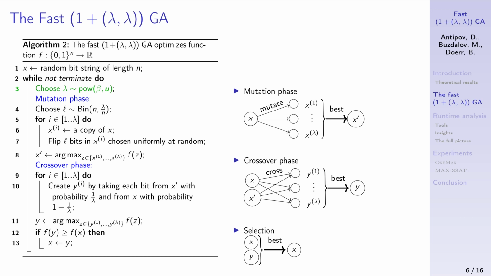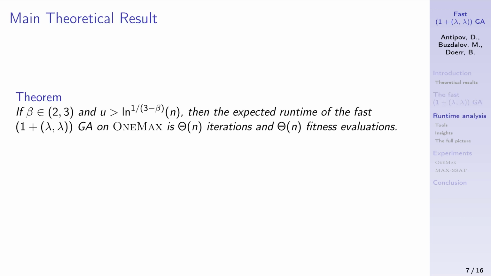We called this slightly modified algorithm the fast 1 plus lambda comma lambda GA, to be consistent with the previous results on the fast mutation operator, and everything else is left as it was.